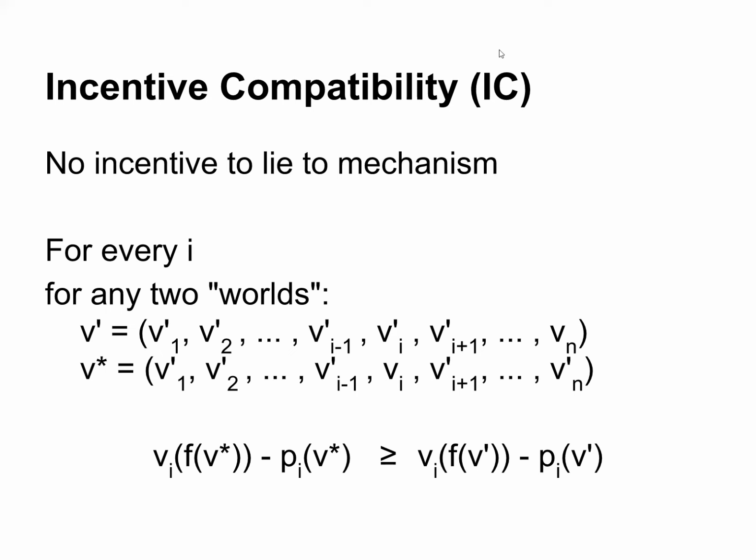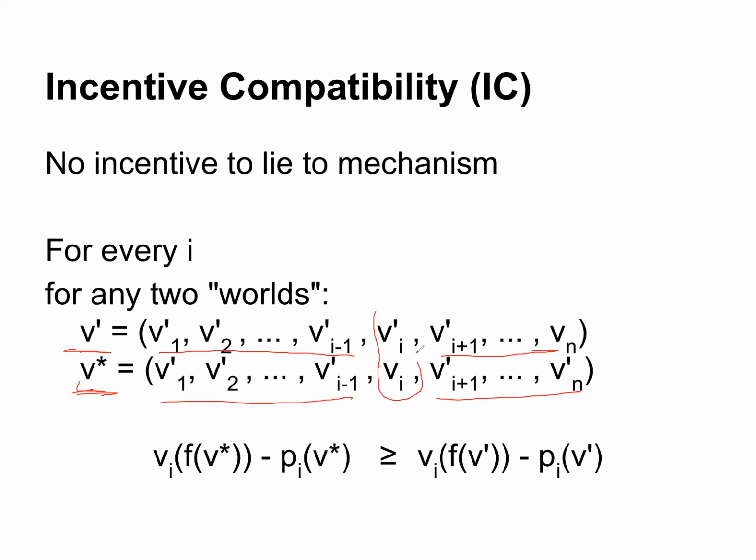And this is a super heavy notation. You don't have to go through all of it, but essentially what it says is that we can consider two worlds, this V prime and V star. And in both worlds, all the users except for the user I are the same. So they have the same valuations.